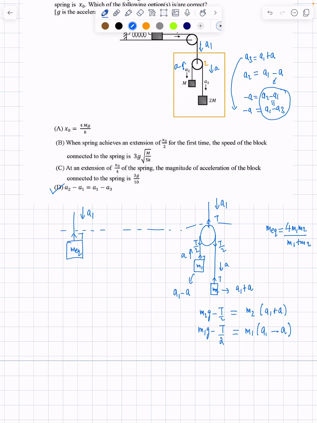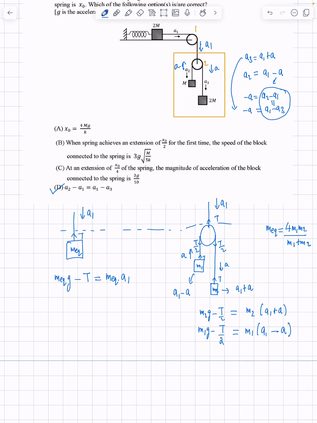So the equation for this system will be m equivalent g minus T equals m equivalent a1. Basically I have to eliminate a.